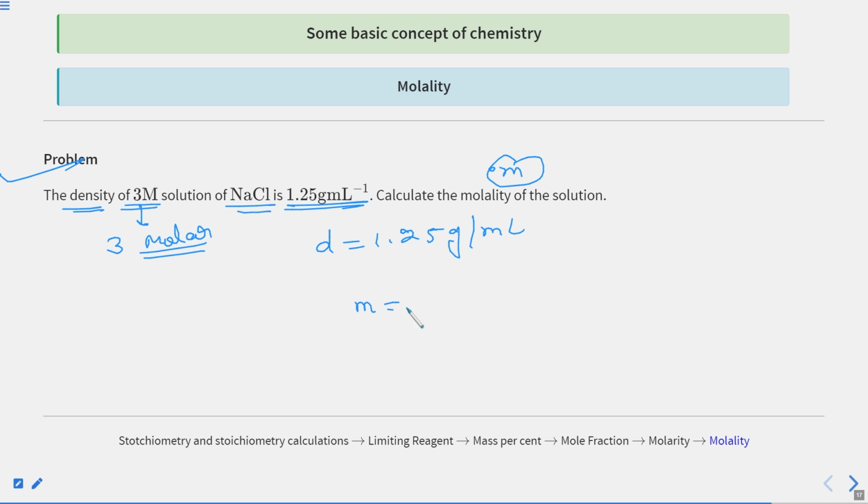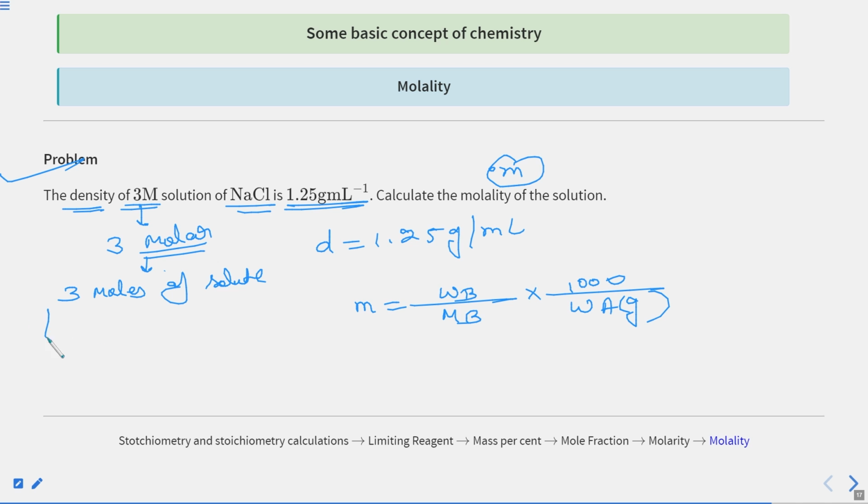What is the formula of small m? Small m formula is given mass of solute divided by molar mass of solute multiply with 1000 divided by given mass of solvent in grams. Okay, and we have given 3 molar solution of NaCl. 3 molar solution of NaCl means 3 moles of solute present in 1 liter of solution.